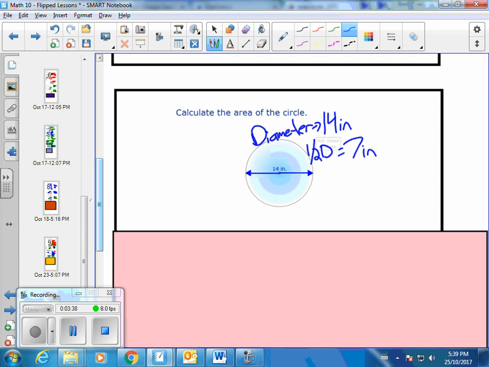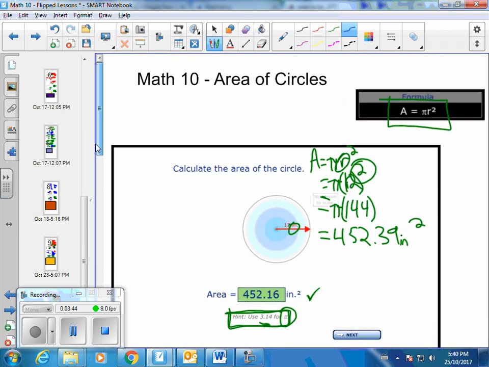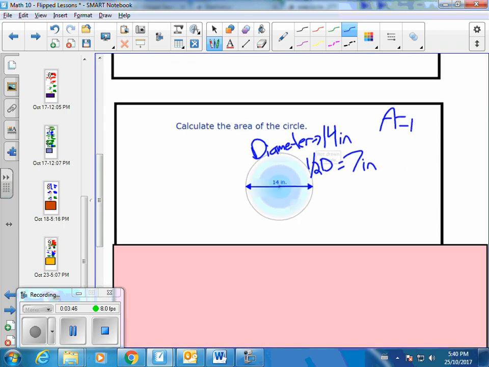So if I go back to my formula here, A equals pi r squared, equals pi times 7 squared, equals pi times 49.